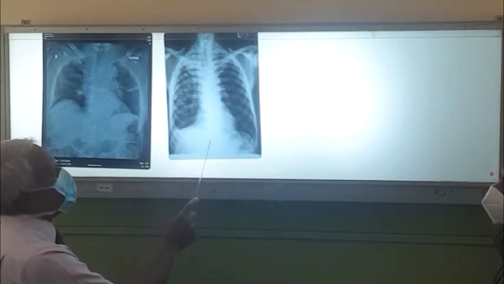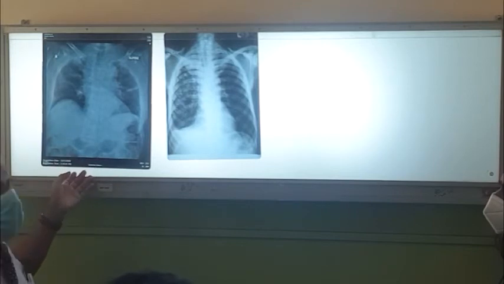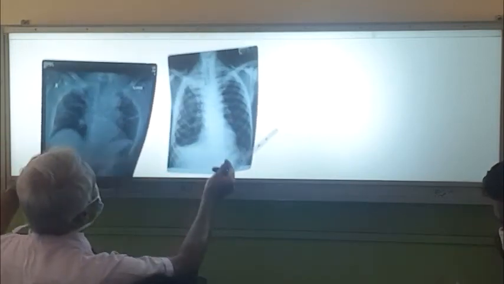So bone sclerosis like this you can get with disseminated CA prostate, right? Chronic renal failure, and then the other one is fluorosis in the Anuradhapura area. Okay. So when you see X-rays, in addition to the lesions, you have to concentrate on bones also, the appearance of bones, right?